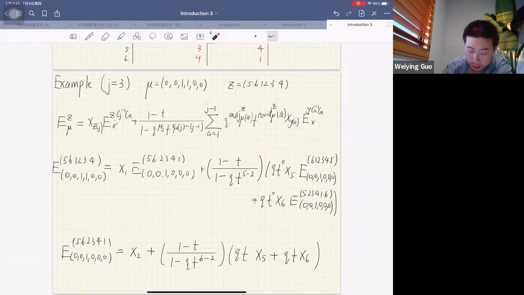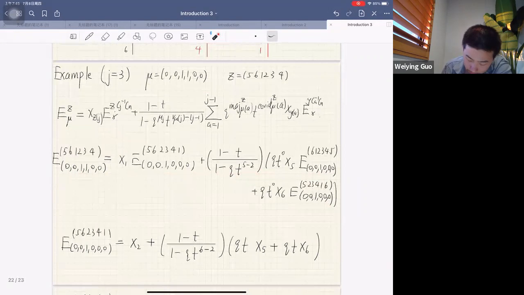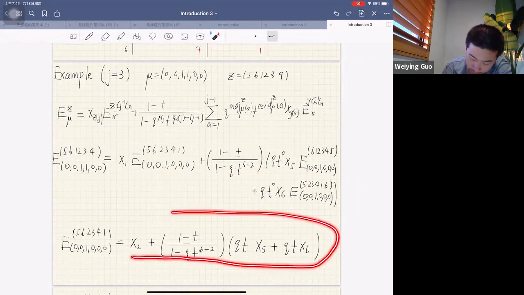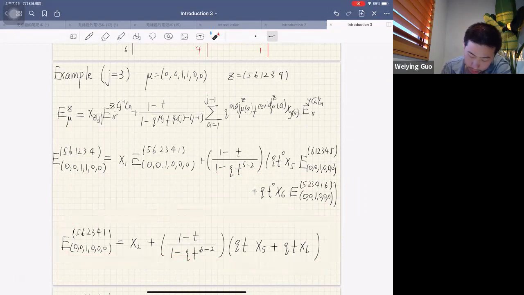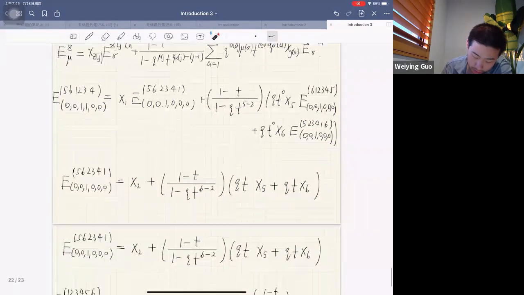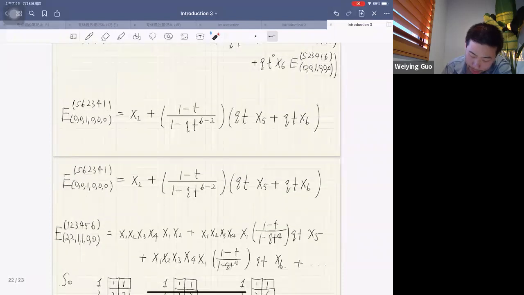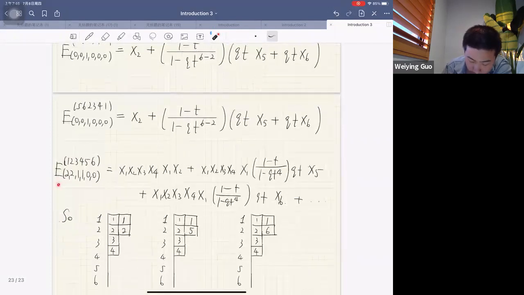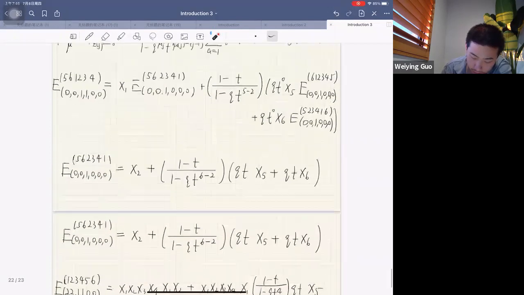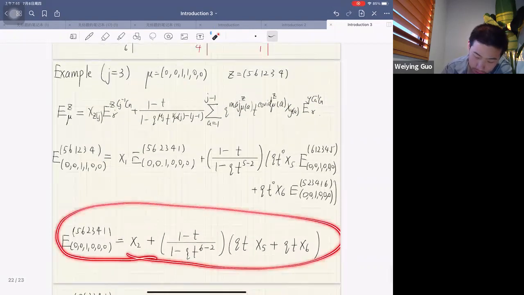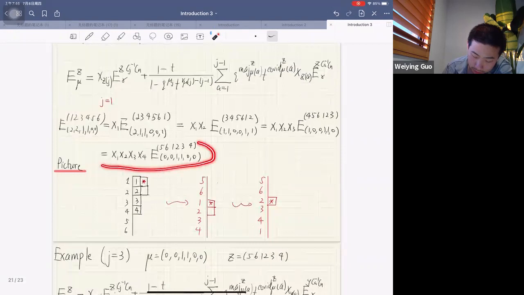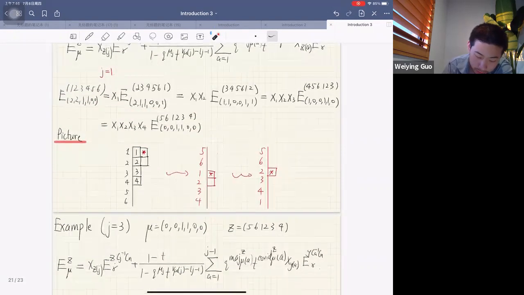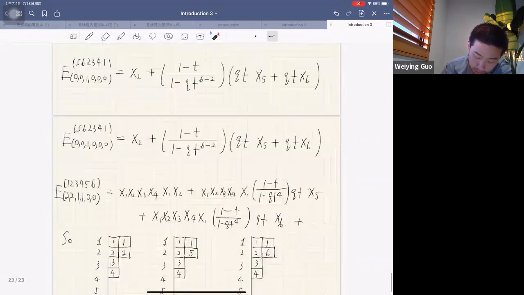To expand the full recursion, we have 3 terms in this case, and collecting those 3 terms, we get an expansion like this. We can continue copying down this expansion, and we collect all of those expansions for the mu 221100. We plug this expansion into the expansion here to obtain the first 3 terms of the expansion of 221100.